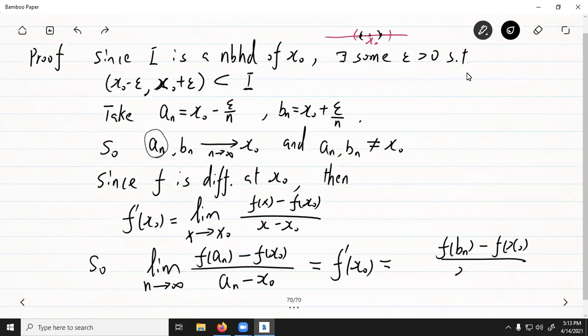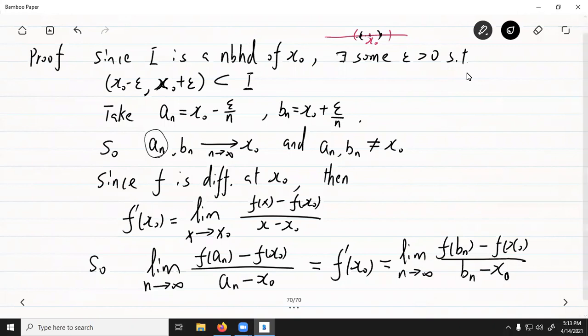So the limit means that if you take an arbitrary sequence which approaches x0, then this limit has the same number, right? Okay, this is x0. Then you take the limit as n approaches infinity. So this an will approach x0, this bn will approach x0, but from this one, it's equal to f prime of x0, right?